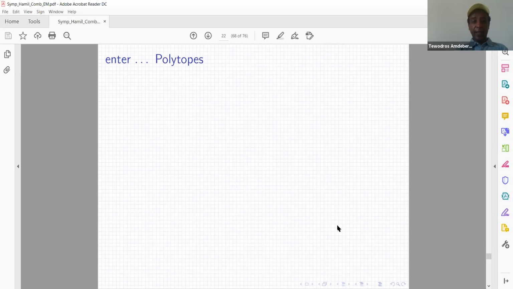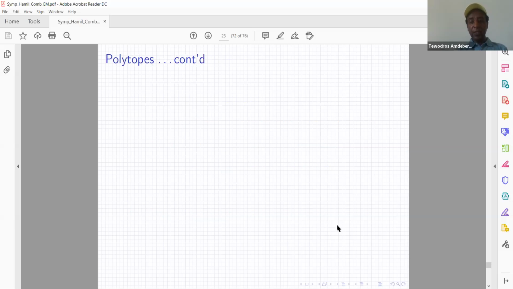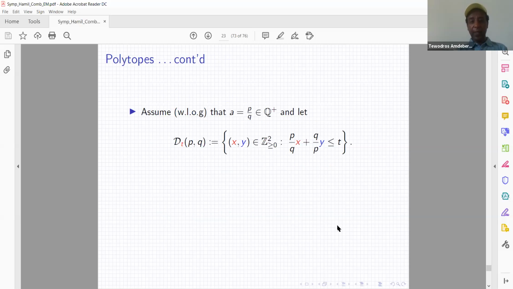All right, now let me move on to this. I prefer now, you can turn this discussion into the language of polytopes and Ehrhart functions, but for lack of time, let me move here. I'm going to change the problem completely into combinatorics. That is, assume you have a fraction like this.